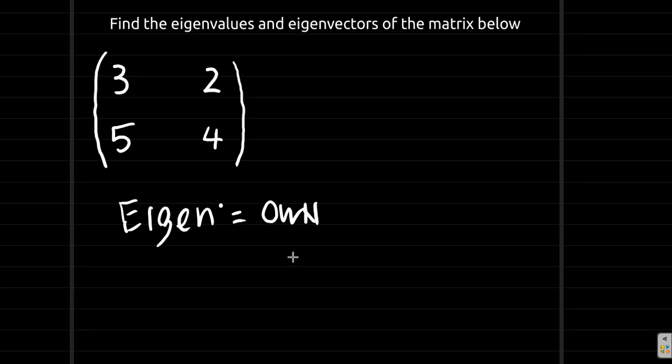Alright? So you're finding the matrix's own values and the matrix's own vectors.